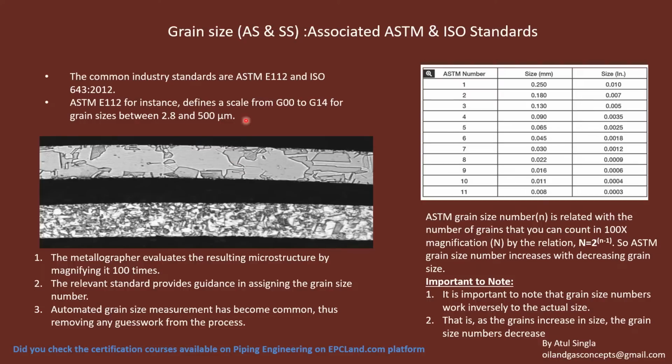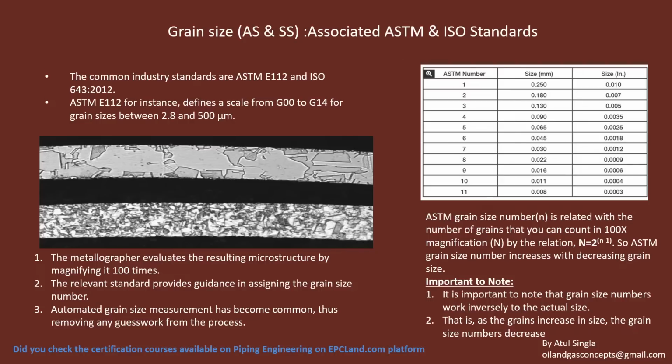Once we select one of the pictures given, the number will be associated with it. With respect to that, we can calculate the size, whether in mm or inches. So once we know the ASTM number, we can identify the size. This is how the ASTM standard helps us identify the size of grain.